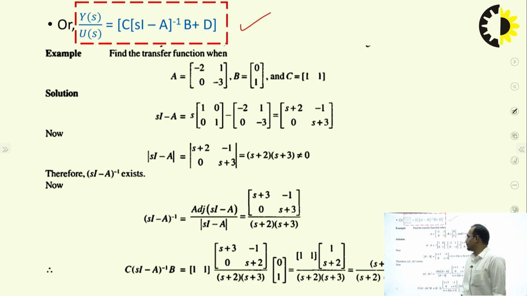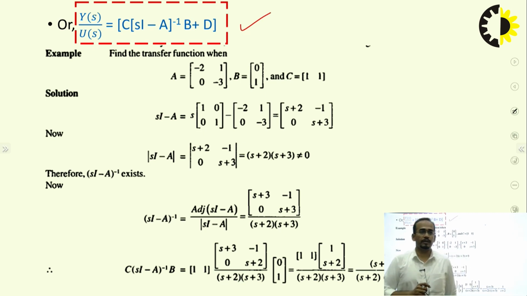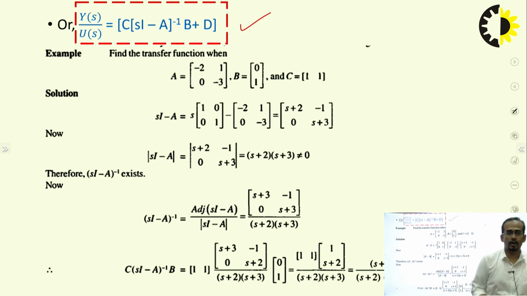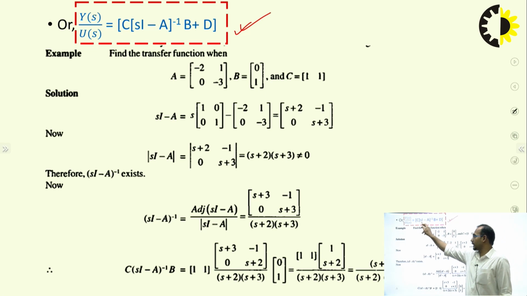Let us take an example. In this, A, B and C are given and we have to find the transfer function of the state space model. The formula for the transfer function is C (sI minus A) inverse B plus D. First we have to find (sI minus A) inverse.